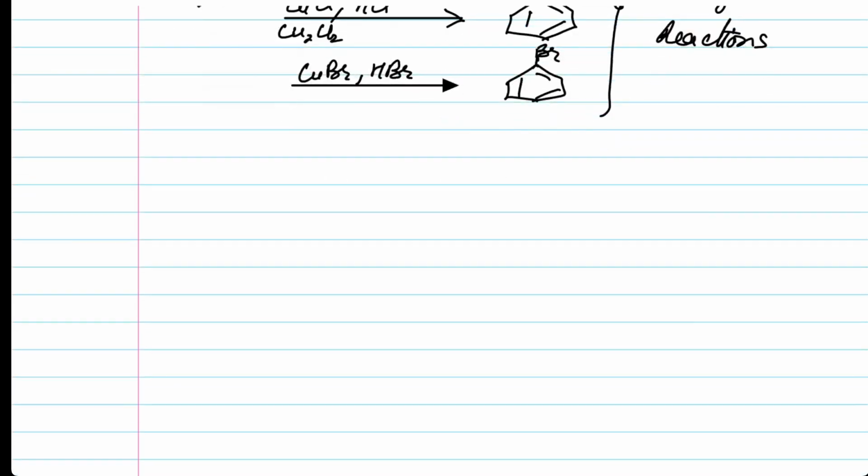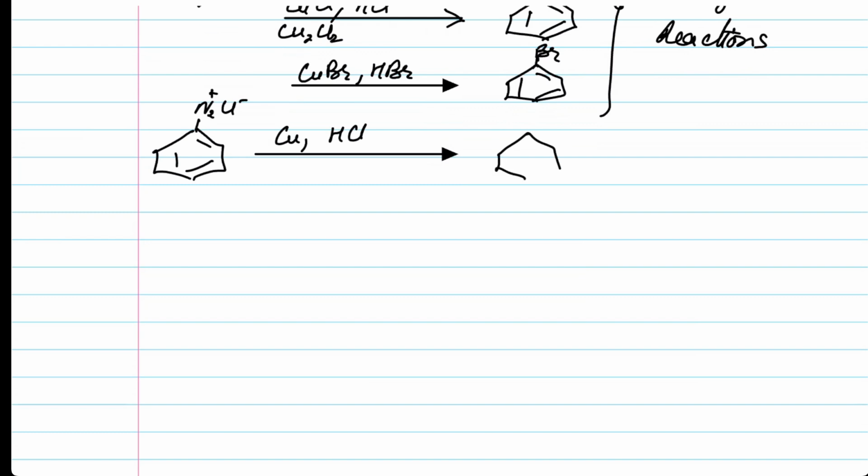The same reaction could take place if we directly use copper along with the halogen acids, like we have N2 plus Cl minus, and here we react it with Cu in presence of HCl. Then some amount of CuCl will be formed right in the reaction mixture, and that CuCl would act as the catalyst.